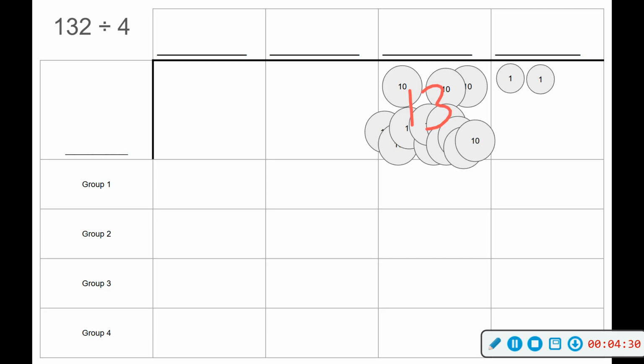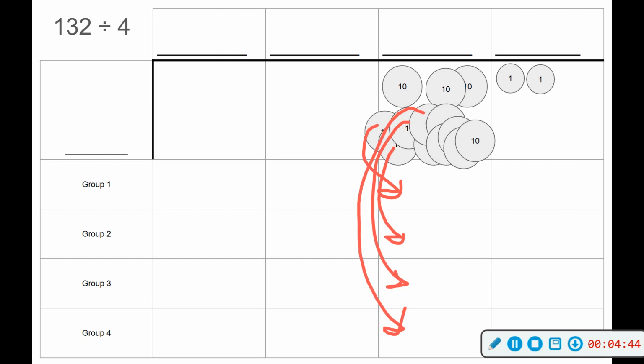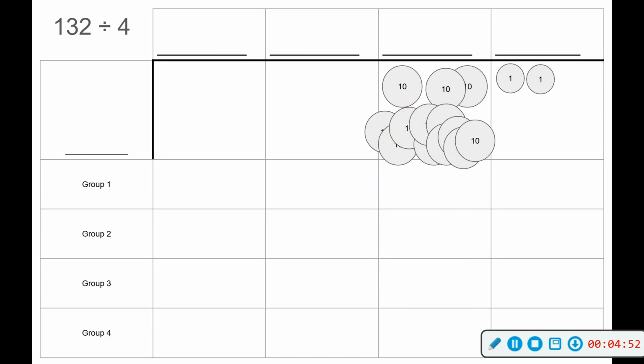So how can I get those tens to be put into each of those 4 groups? Well, I can. I just don't know how many yet. So what I'll do is I'll slowly take one and I will put it into 4 groups until I have none left over. Once I'm able to regroup those, then I'll be able to show how many would be in each group.